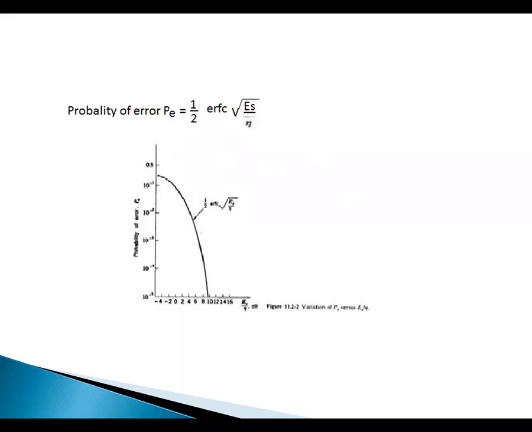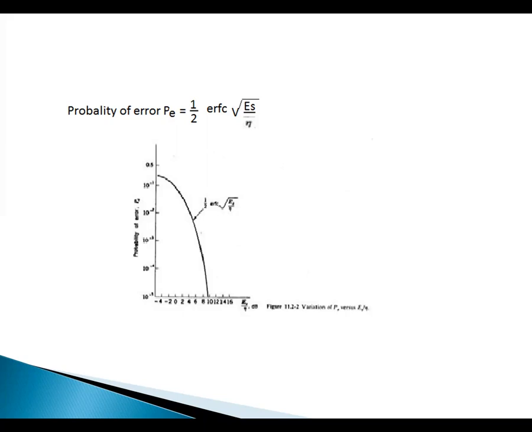At that limit, what is the probability of error? The previous class also mentioned the probability of error as 10 to the power minus 2 and 10 to the power minus 4. As an example, 10 to the power minus 2 means 1 by 100. 10 to the power minus 4 means 1 by 10,000.